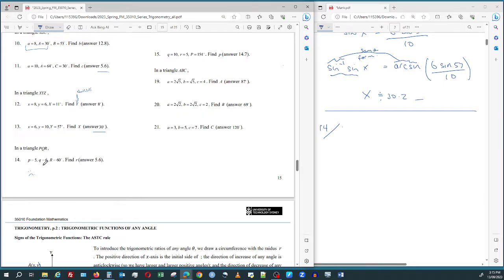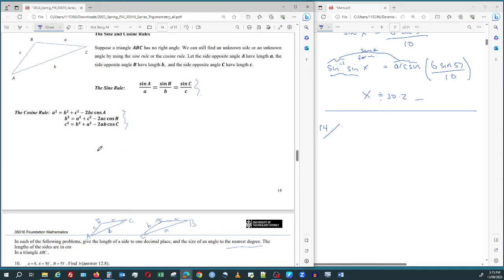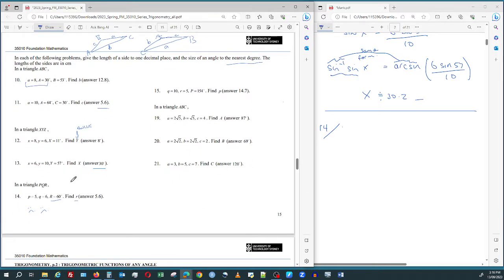No. Q, where's angle Q? No. R, and little r. So this is not the sine rule now. This is going to be the cosine rule. That's the same triangle. It's just that we have to choose one of these. That's all. Now the clue to this is R, the angle, and R.